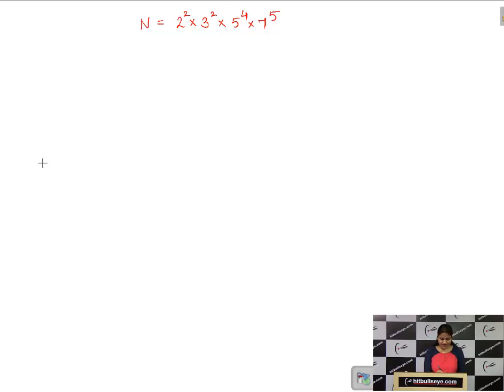Since we want to find first of all number of even factors, and then we want to find sum of all even factors, by the same logic we will do that.